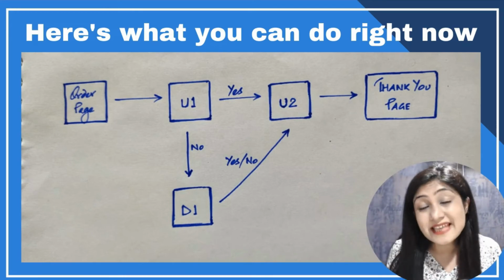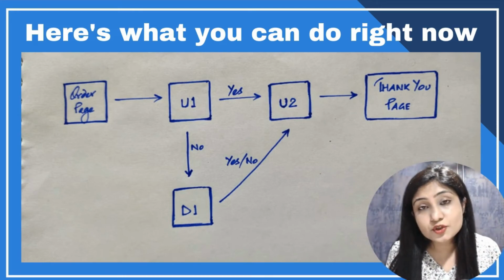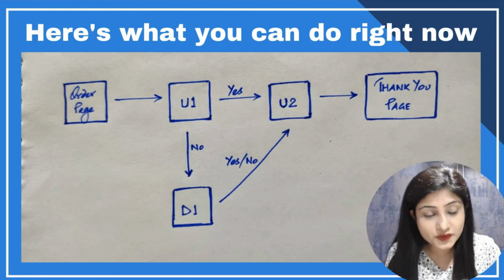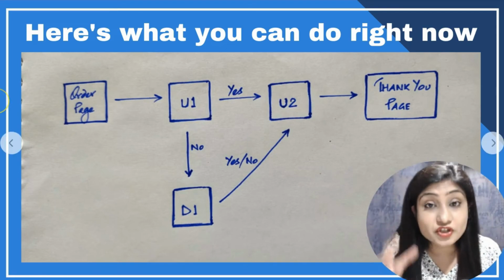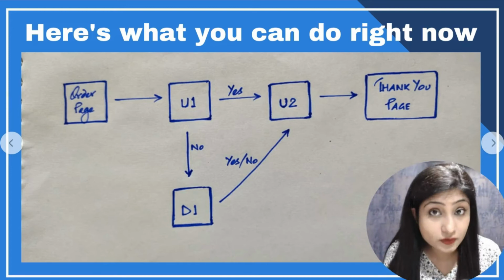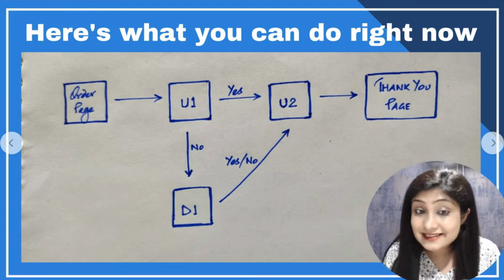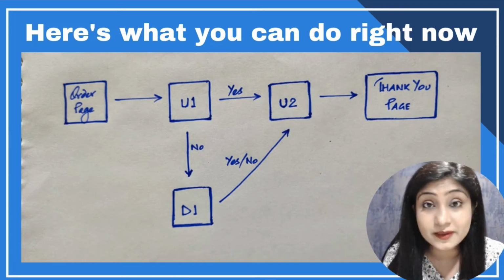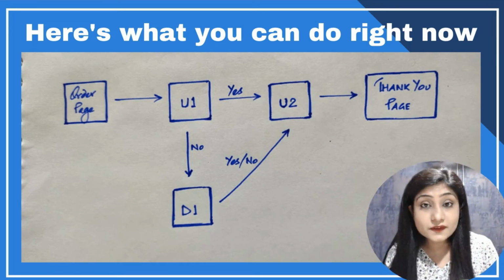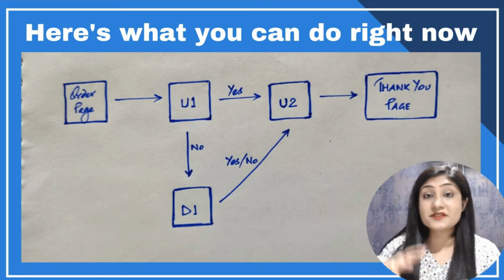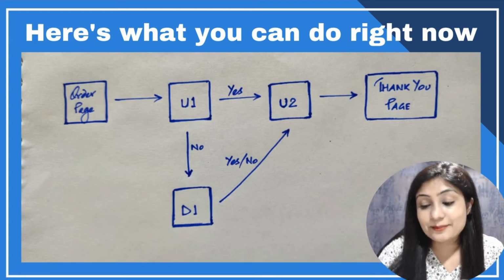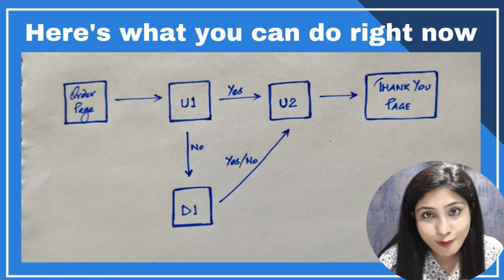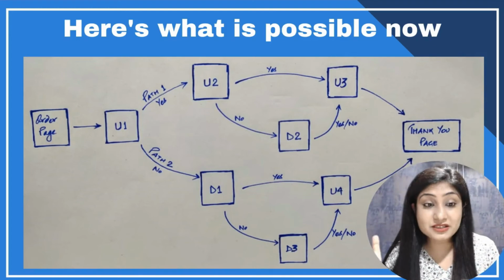So you cannot send them off to a series of offers based on whether they accepted or rejected the first upsell offer, and also whether they accept or reject the downsell offer. You have to send them to the next offer in the sequence. So the downsell offer cannot have its own upsell and downsell. But well, that's not the case anymore. So that is what is possible now.